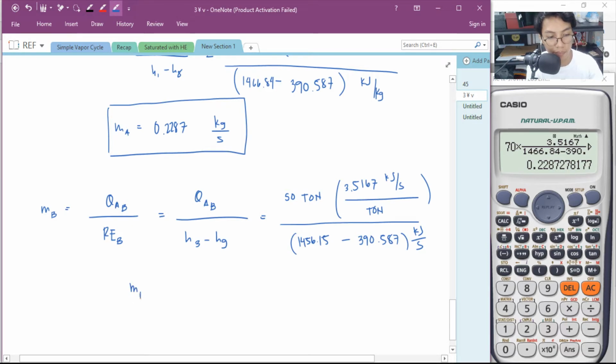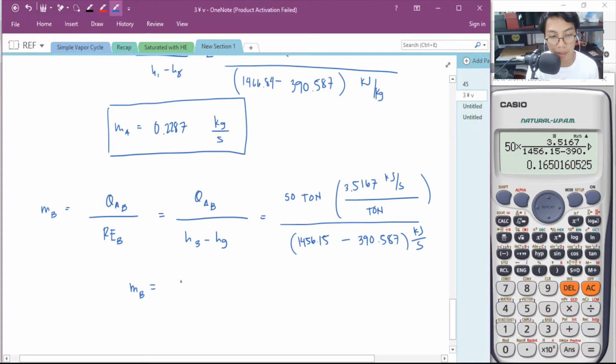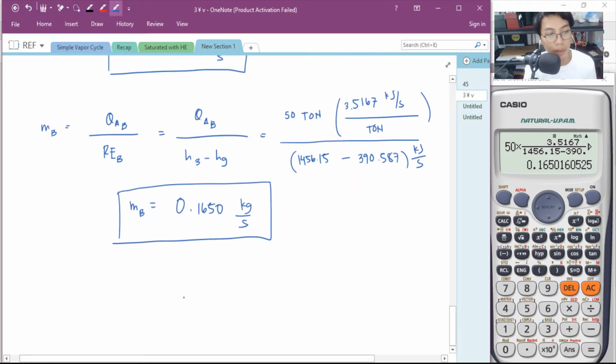MB, baguhin lang natin baba. 1456.15, tapos ito, 50 tons. 0.1650 kilogram in every second. MB.